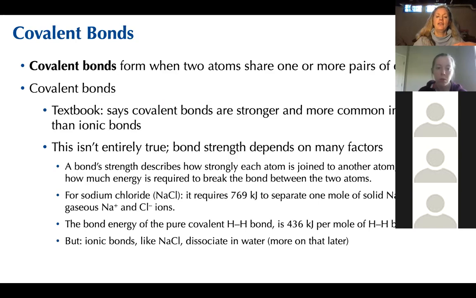But a bond strength is really based on how many joules of energy it takes to separate a mole, or Avogadro's number, 6.02 times 10 to the 23rd molecules of sodium chloride into its separate sodium and chloride ions, okay?